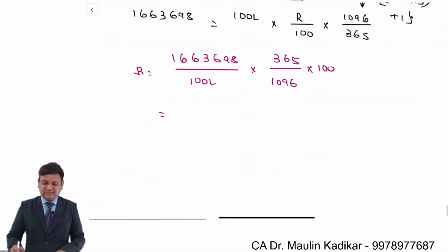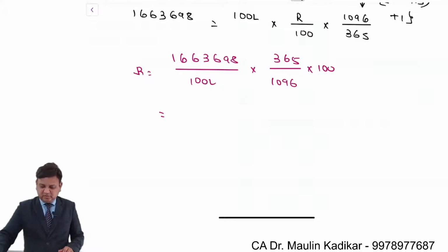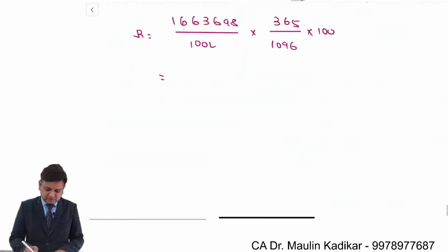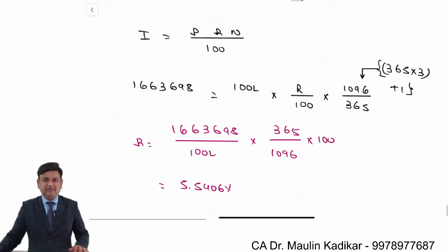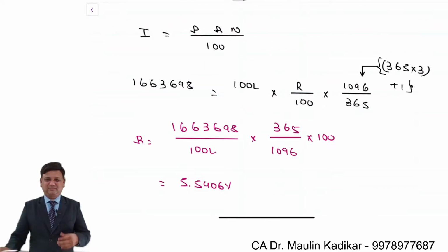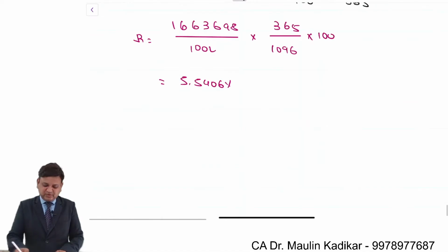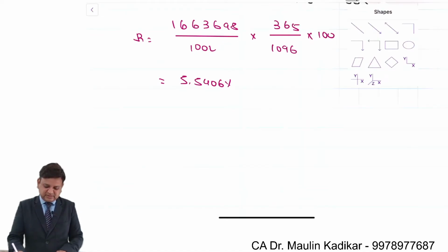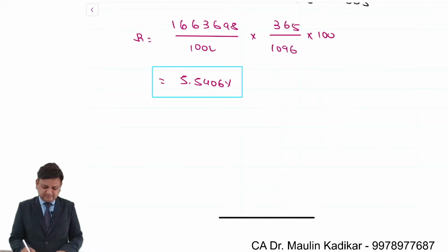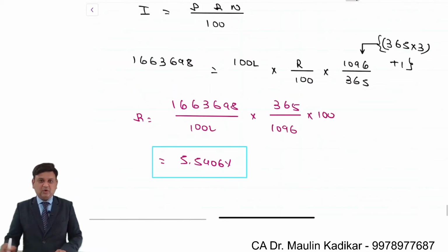This is the way we can find the answer. 16,63,698 into 365 into 100 upon 100 lakhs upon 1096. So that comes to 5.5406%. This is the way we can compute the answer. So friends, this is the effective rate of interest on a per annum basis for the borrowing of the funds on an annual basis.